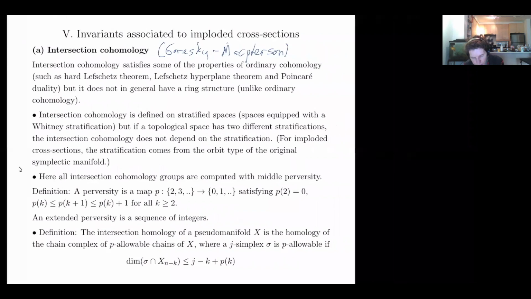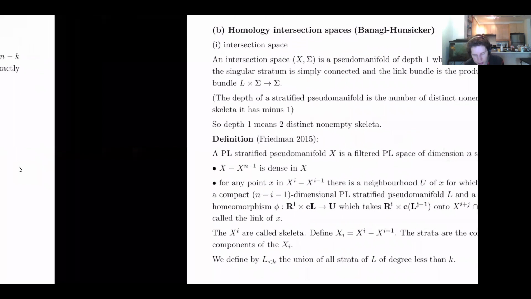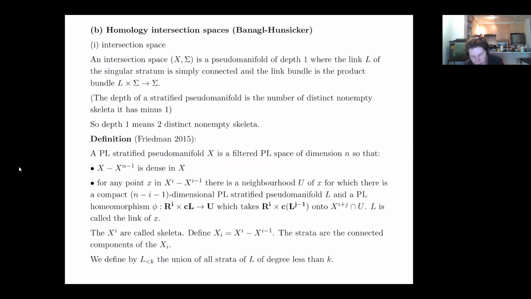So let me briefly describe another construction, homology intersection spaces. This is due to Banagl and Hunziker. An intersection space is a pseudomanifold whose depth is 1.